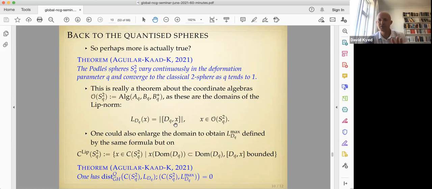But it's actually slightly more subtle than that, because if you close up the derivation that comes from taking the commutator with the Dirac, then you get a smaller algebra than this one. In the commutative case, what you get is the C^1 functions. And there's a gap between C^1 and Lipschitz.